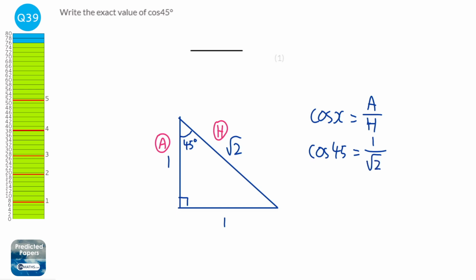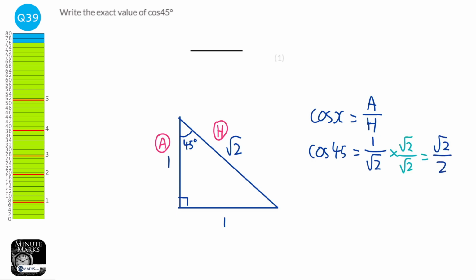Now this is a bit of a strange one with 1 over root 2, because we need to actually be able to rationalise the denominator. And basically what that means, if you haven't done surds yet or you aren't doing surds, is you times the 1 by root 2. And so we end up with root 2 over 2.